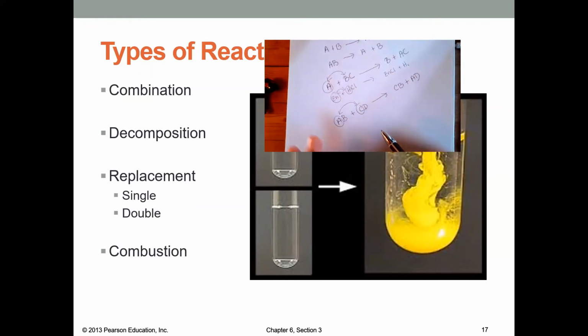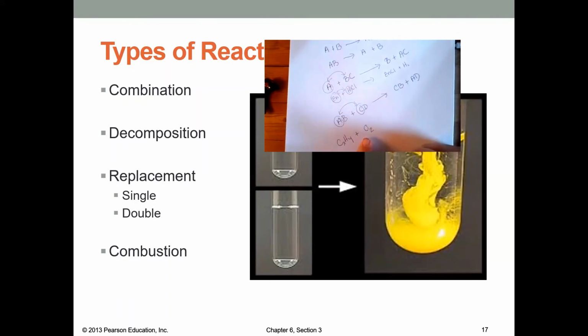And the last reaction is a combustion. So in any combustion, what you have to know is we have some form of what we call a hydrocarbon. The x and y just mean that these could be any ratios of numbers. This could be C2H8, it doesn't matter. They're just certain numbers. So it's going to be some carbon compound.